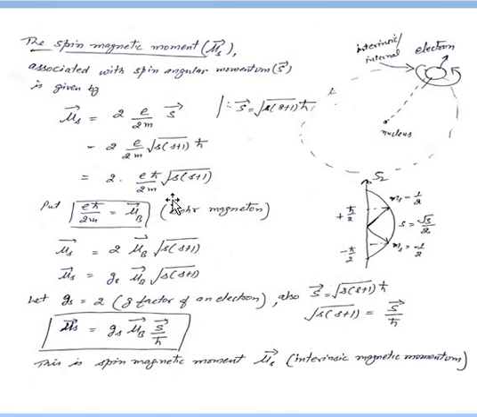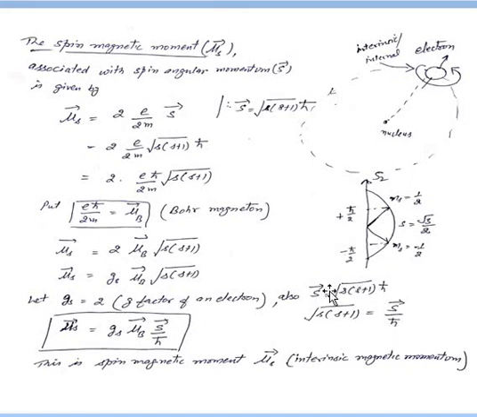Now we can rewrite it as mu s equal to g s. This is the g factor for an electron, and normally this is 2. So we are replacing 2 by g: mu s equals g mu B times the square root of s into s plus 1. We also know that the square root of s into s plus 1 can be rewritten as S upon h cross.